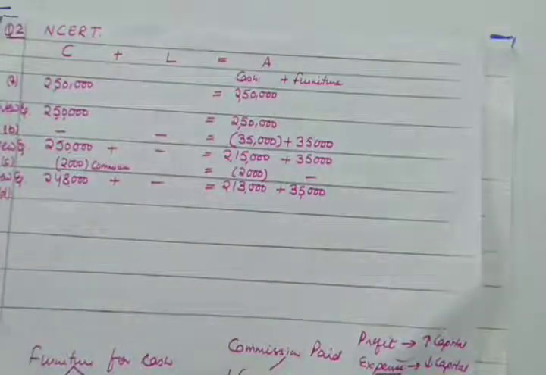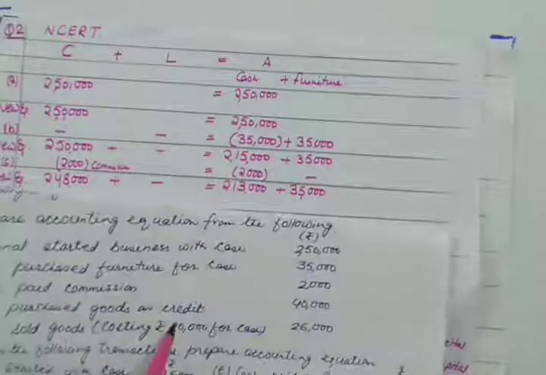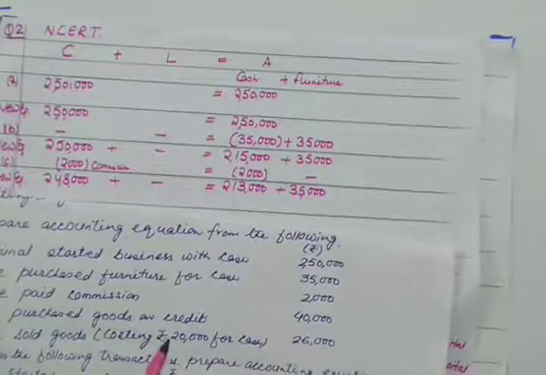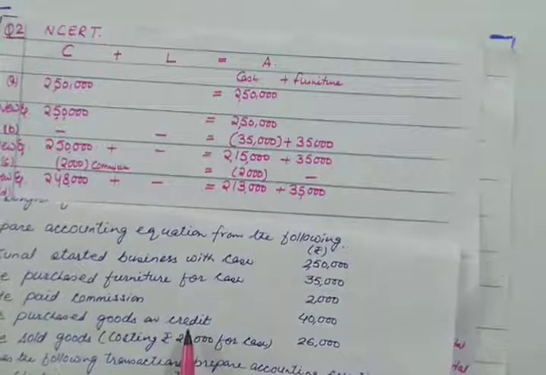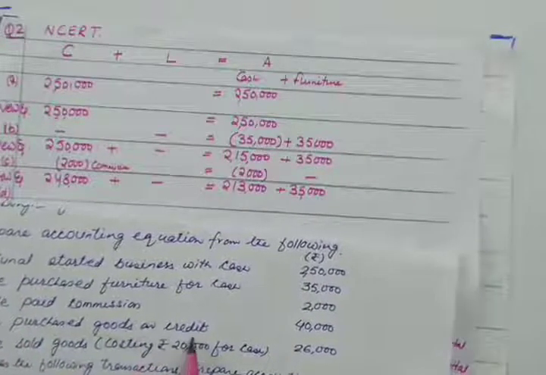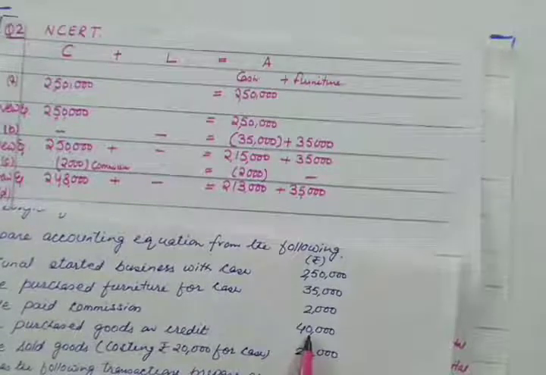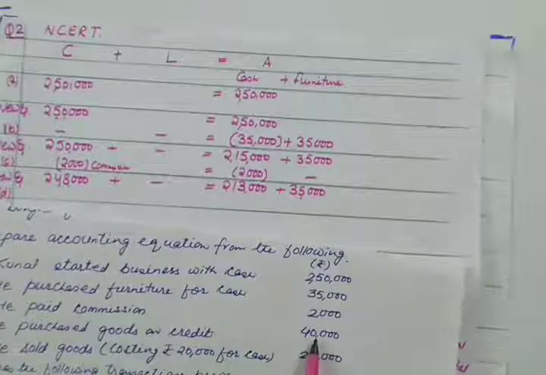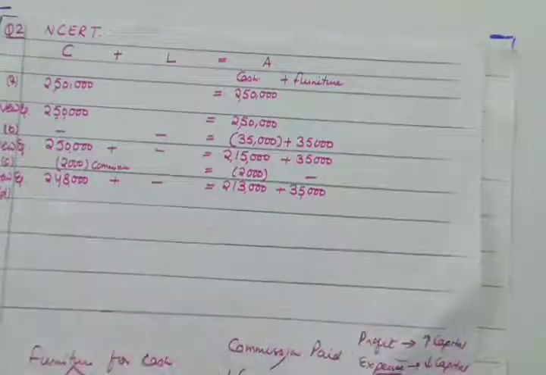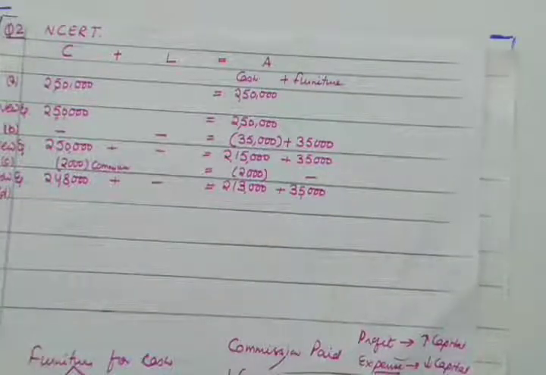Next, D. He purchased goods on credit rupees 40,000. Now the name of the party is not given, but it is clearly mentioned that he is buying goods on credit. So what will happen when he purchases goods on credit? This will increase our liability. Buying goods on credit means increasing liability.